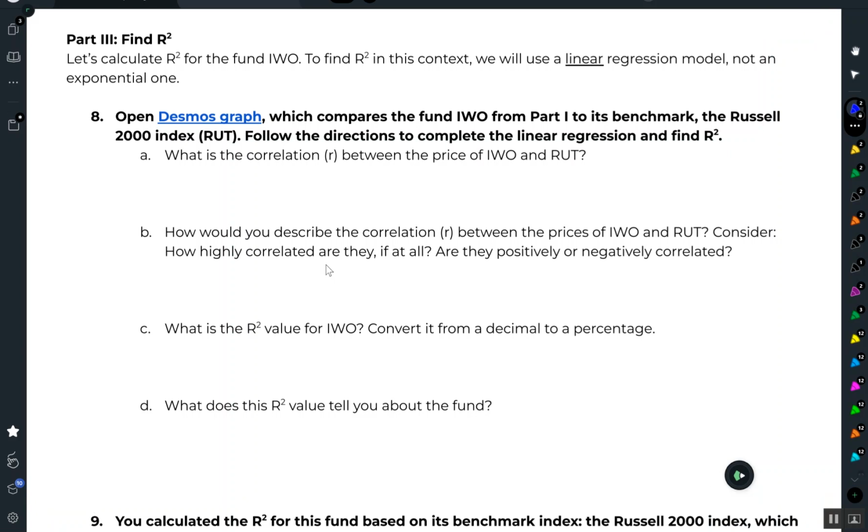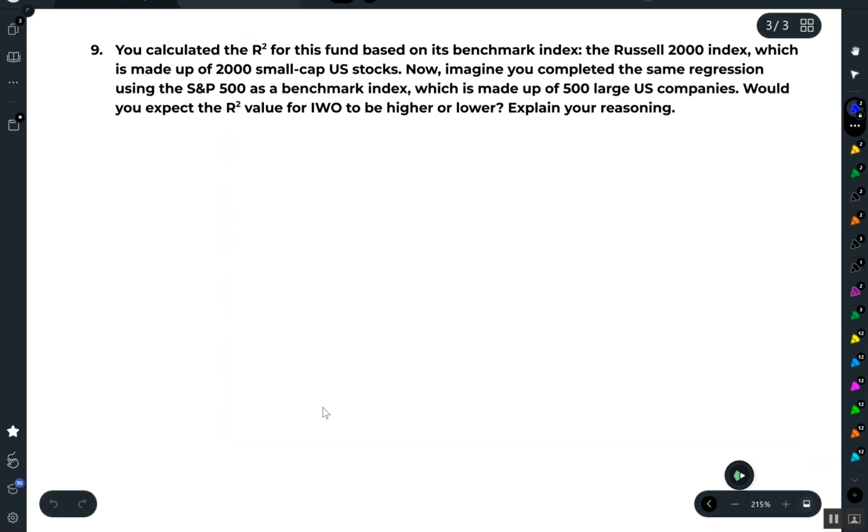Positive would be a positive R, negative would be a negative R. If it was really strong, it'd be closer to 1 or -1. Then you have the R squared. When you do a linear regression, it gives you an R and an R squared. Find the value and then convert it to a percentage, and then you just have to interpret it.